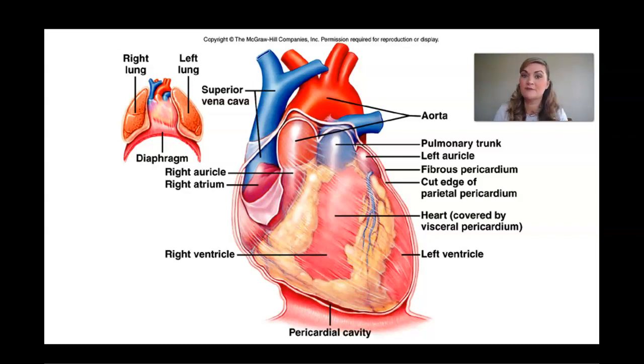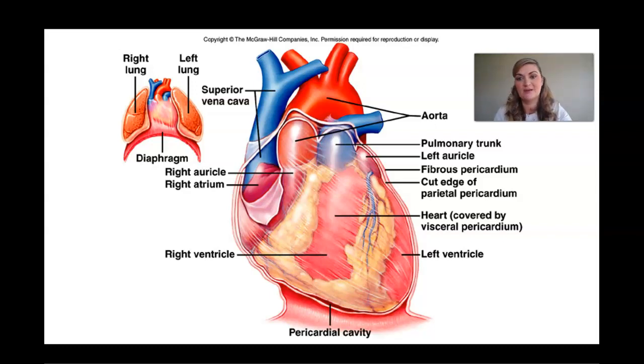You see the superior vena cava, which is going into that right atrium. You see the right auricle, which is the section right there below. You see the right atrium. That's where blood's going to come in from around the body or the upper portions of the body. The right ventricle is below that. The pericardial cavity shows kind of an opening towards the bottom.